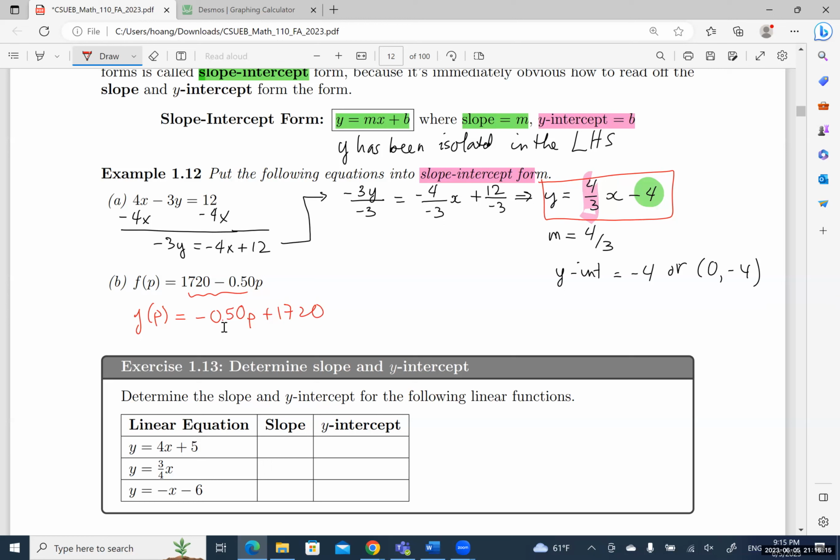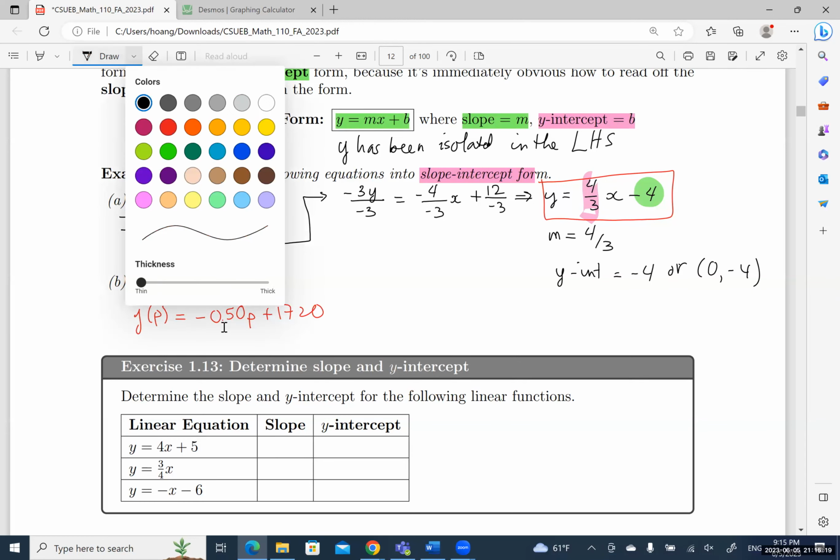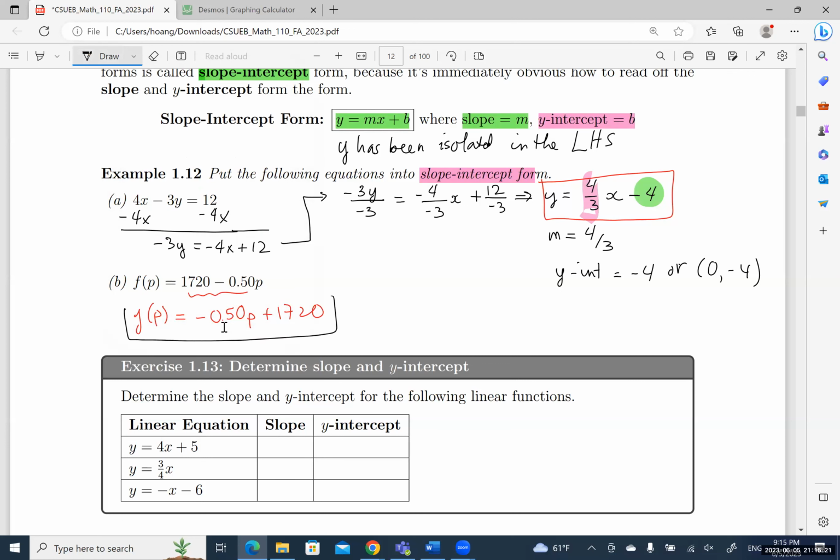And as you see here, this is done already. It is the answer already. You can notice that slope m equal to negative 0.5, and the y-intercept in here is equal to 1720, or you can write as 0, 1720.